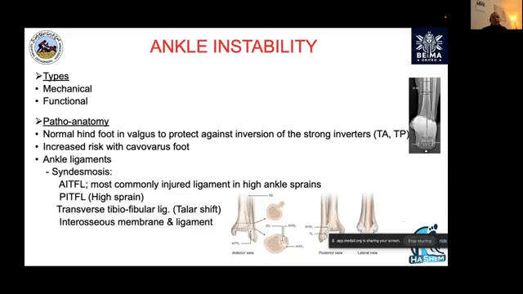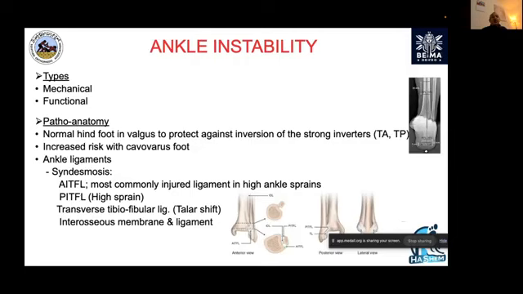With the tibiofibular joint, you have 3 ligaments mainly: the AITFL, PITFL, and the interosseous. The AITFL is the most commonly injured, though it is the strongest, because the commonest injury is in external rotation. So if you go to the Lauge-Hansen classification of ankle fractures, you will realize that ankle fractures commonly happen in external rotation.